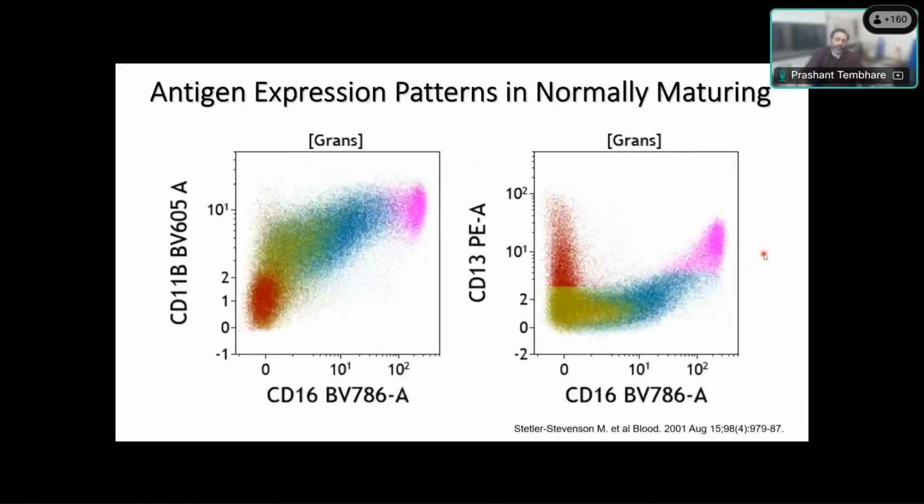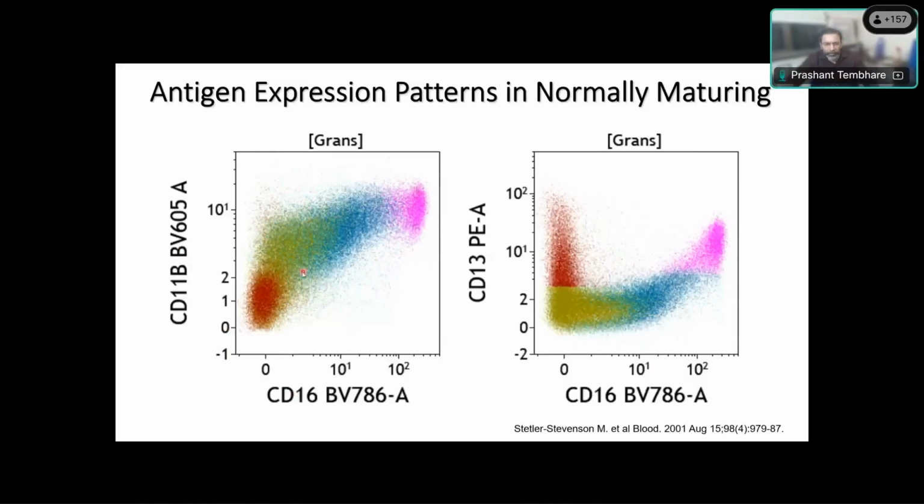Now, if we use other markers like CD11b and CD16, it will show this type of maturation pattern. The promyelocytes will be negative for CD11b and CD16 both.